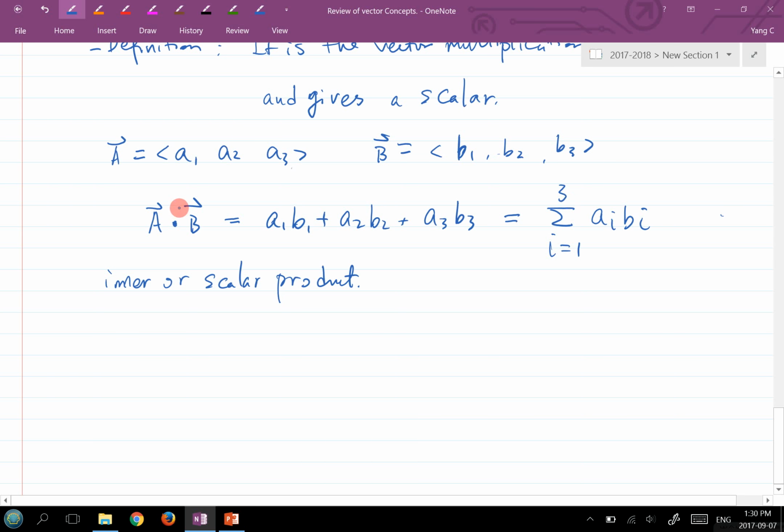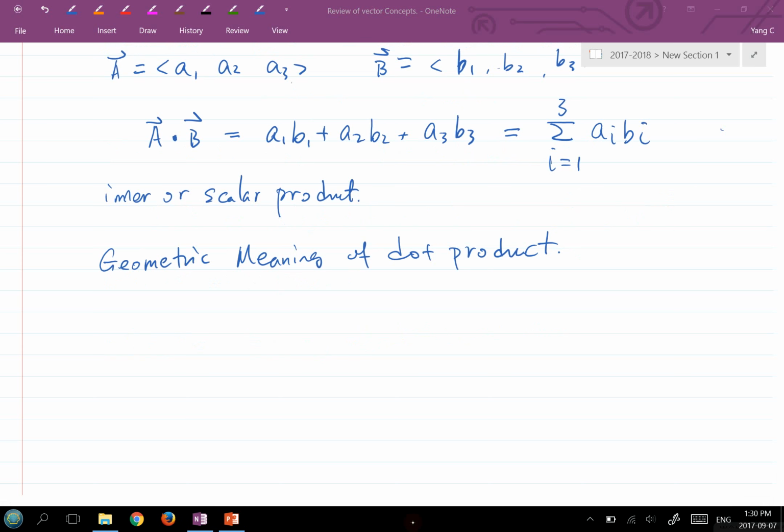As for applications of the dot product, we often use the so-called geometrical meaning quite a bit. What this really means is you move the two vectors so that they form an angle between them, and make sure their initial points align at the same location.